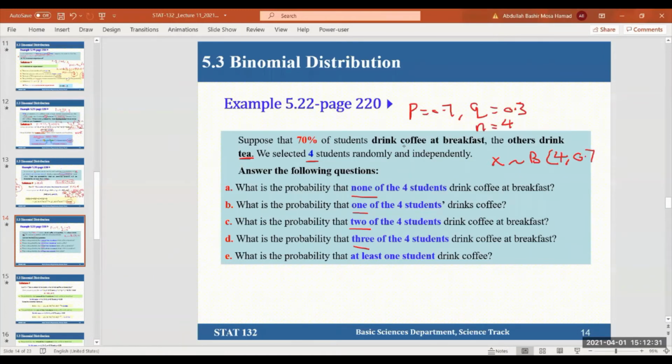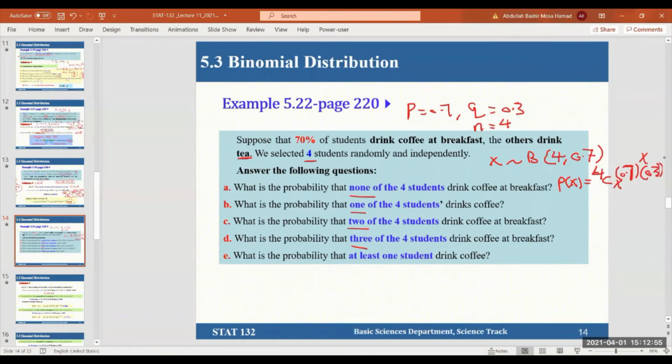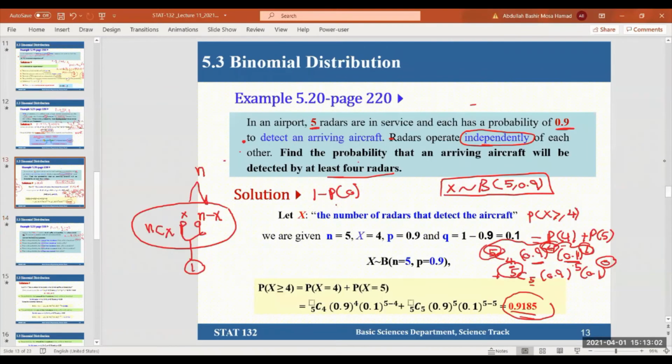Done. P of X equals what? Now we already have n, n is 4. 4 C x, 0.7 power x, 0.3 power n minus x, where n is 4, so 4 minus x.